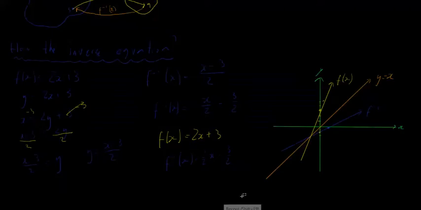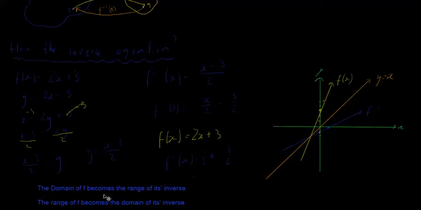and that's why the method of switching the x and y's ends up actually working. The other really useful thing here is that the domain of f becomes the range of its inverse, and the range of f becomes the domain of its inverse. So the range and domain switch when we switch the x and the y.